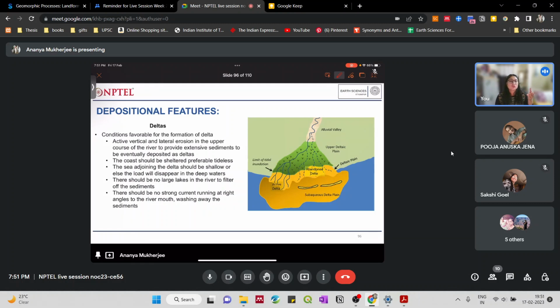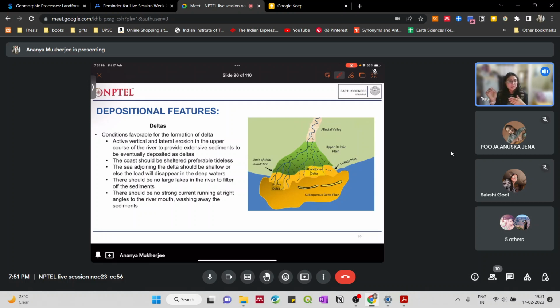So there needs to be a balance, and concurrent vertical and lateral erosion, okay, in the upper course of the river, so that there is abundant sediment supply, which later on is going to get deposited in the deltas.